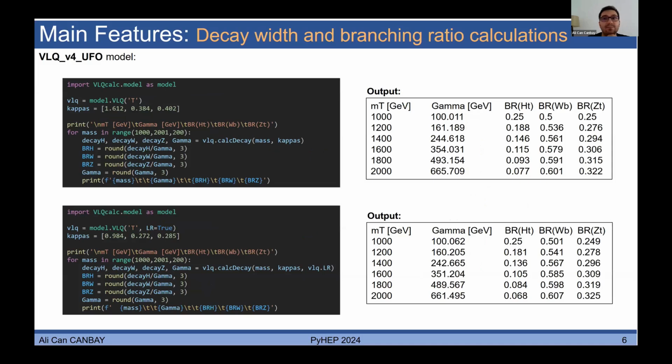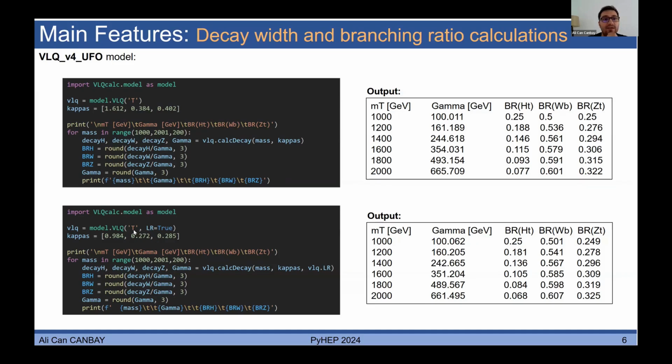For the decay width and branching ratio calculations, we are using the calc decay method. The calc decay method has 3 parameters: mass, kappas, and left-right parameter. Here, the left-right parameter is coming from the VLQ object. The upper example is a vector-like T quark, and left-right is false.